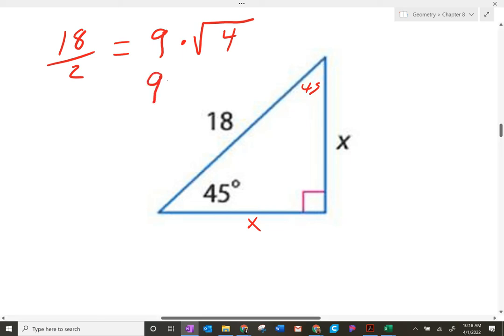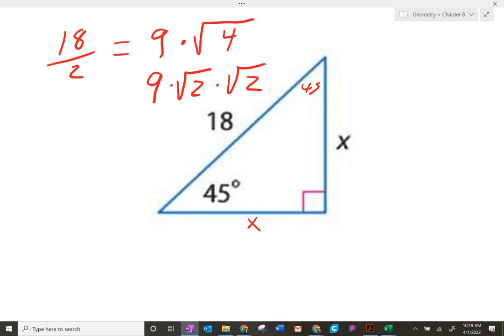So I got 9 times radical 2 times radical 2. Does that kind of make sense on how I got there? So again, I divided it by 2 so that way I could get a whole number and then I could get a radical number. I'm just trying to get a radical 2 all by itself inside of there.